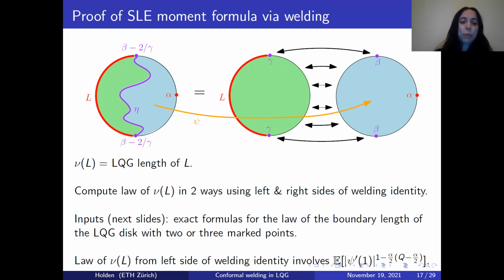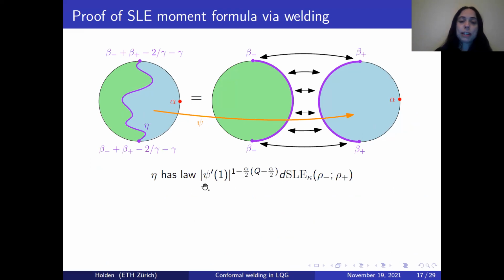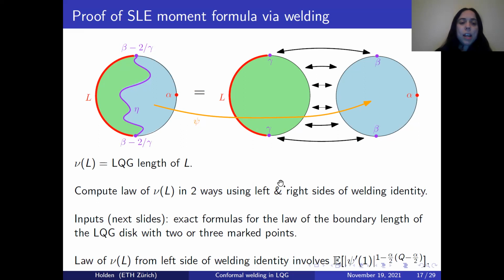When we compute the law of the length of L using the left side of the welding identity, our formula will involve this moment of the derivative of psi evaluated at 1. The formula will involve this moment because of the form that the Radon-Nikodym derivative is taking. So we have these two formulas for the law of the length of L. We can set these two formulas equal to each other, and we can solve for this moment.